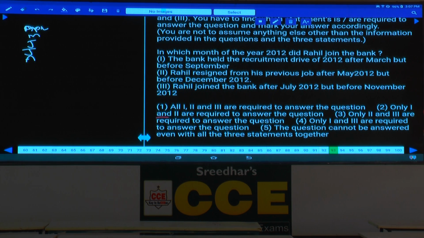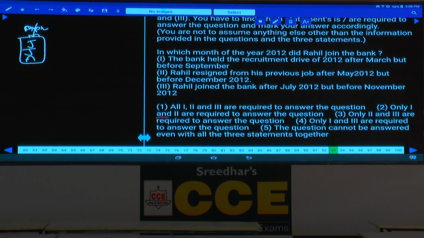And in the next one, Rahil resigned from his previous job after May 2012, but before December 2012. After May, before December, then what are the different possibilities? By combining 1 and 2, either June, July or August, isn't it? Are you catching this one or not? Hence there are 3 different months. Hence 1 and 2 is not sufficient.